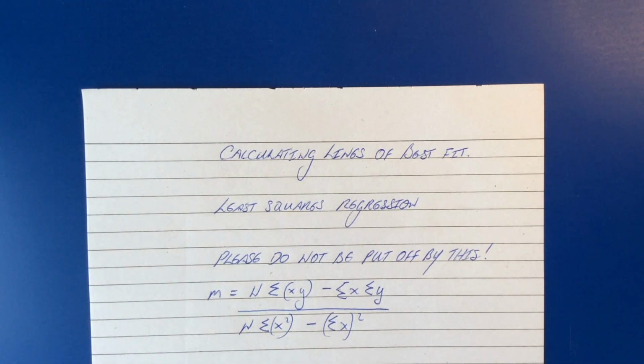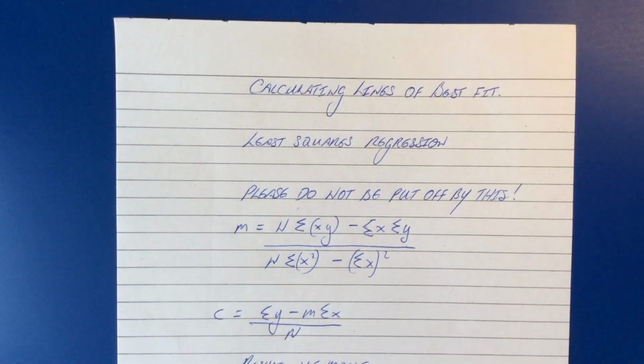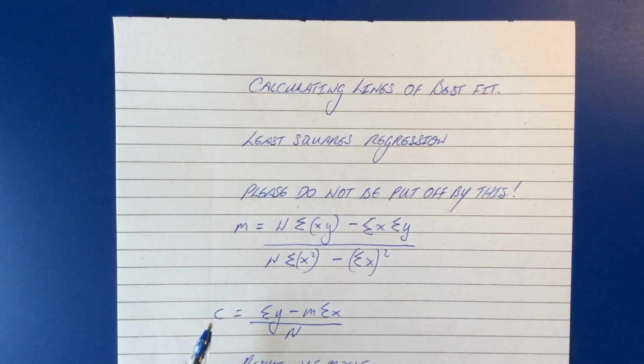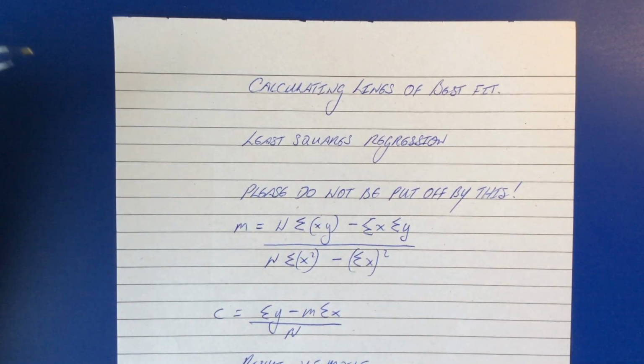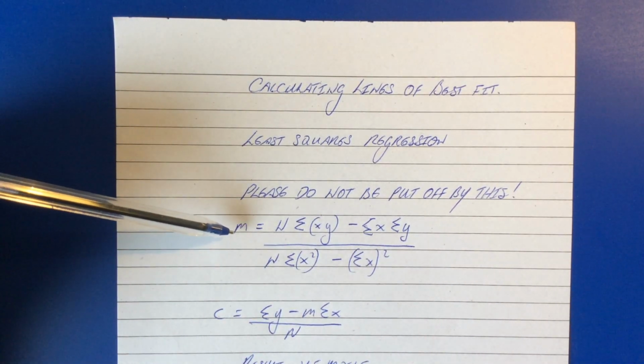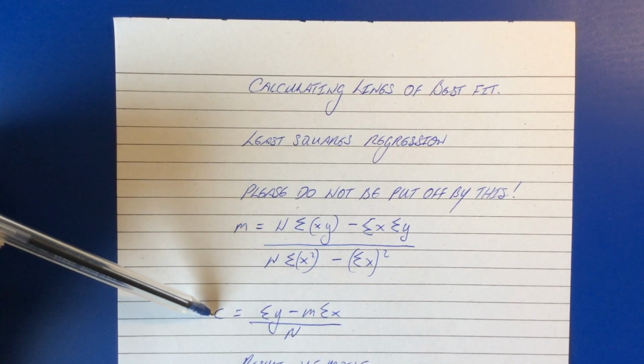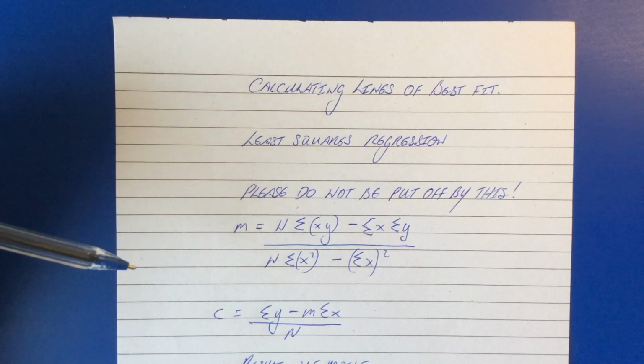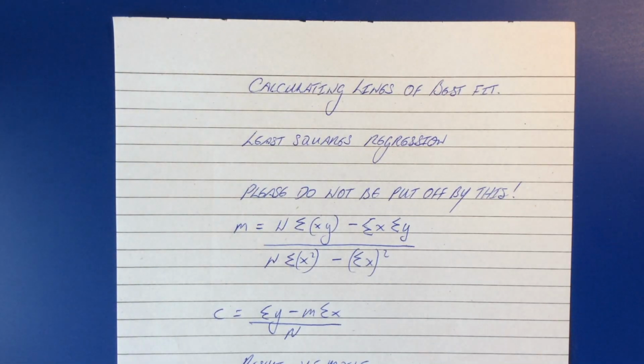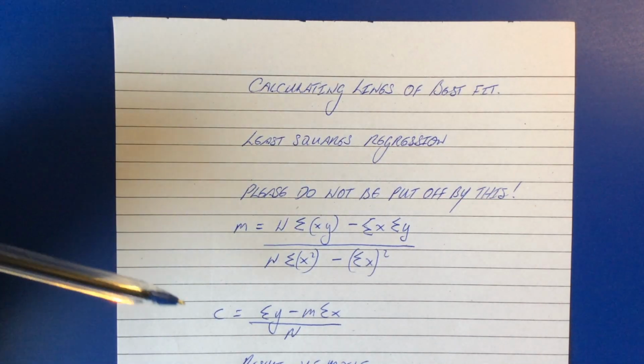The other thing, of course, that you have to find is the y-intercept, usually referred to as c. And mind you, if you're using a calculator, this will be referred to as a probably, and this will be referred to as b, because your equation will be in the form of y equals a plus bx.